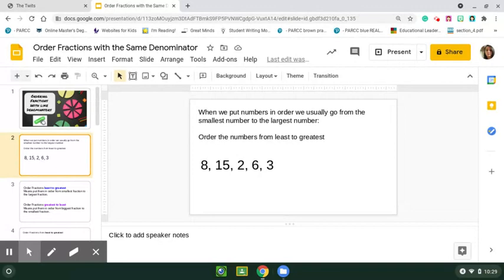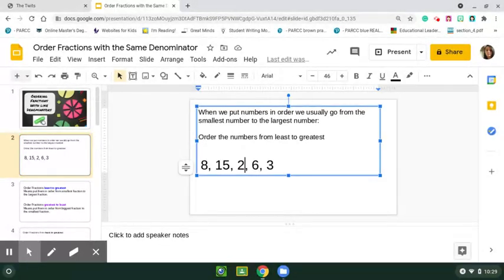So let's go back to something basic. If I said order the numbers from least to greatest, we would put these in order from least to greatest. So I would move this 2 to the beginning. Then I would say 3. Then the 6.